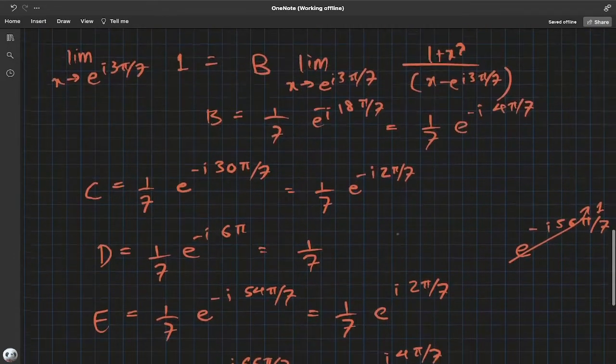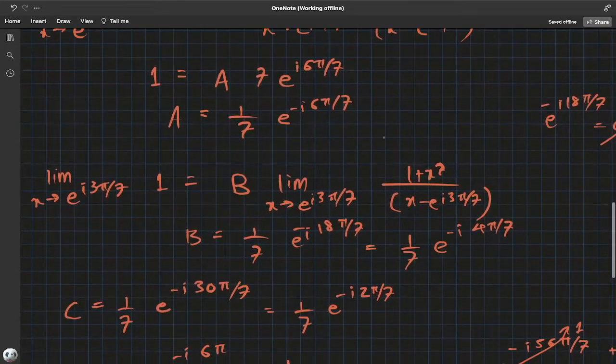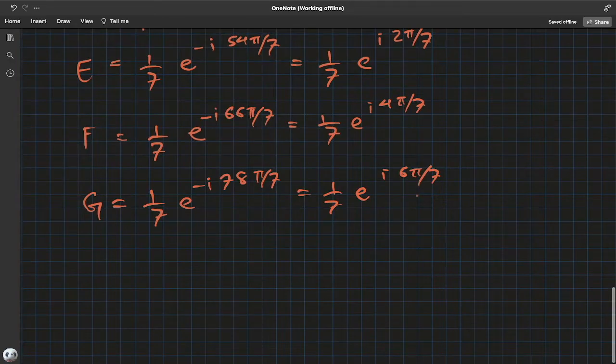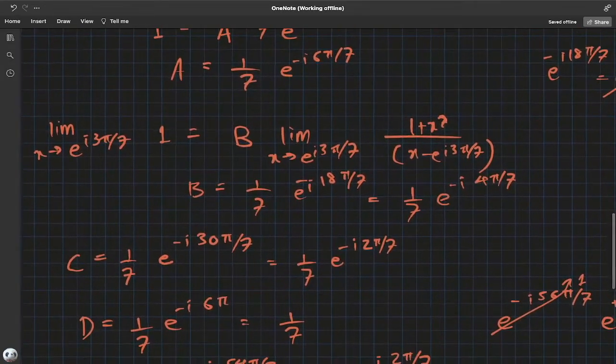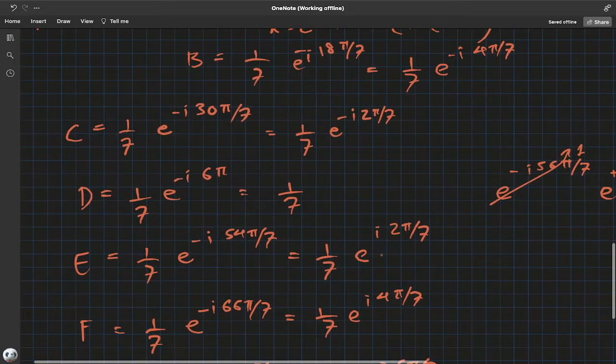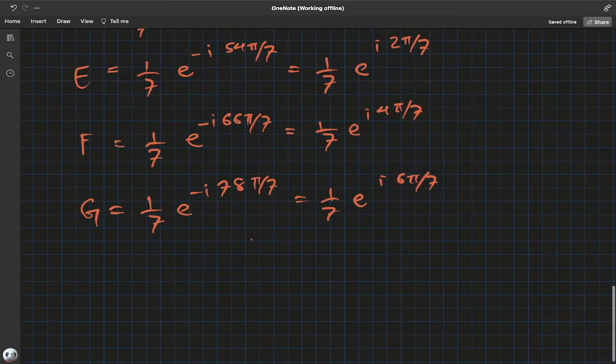Notice the nice symmetry between these factors. We have negative 6 pi over 7 and then positive here, negative 4 pi over 7 positive here, negative 2 pi and positive, and then this extra factor that acts as the middle of the symmetry. That's one good observation.